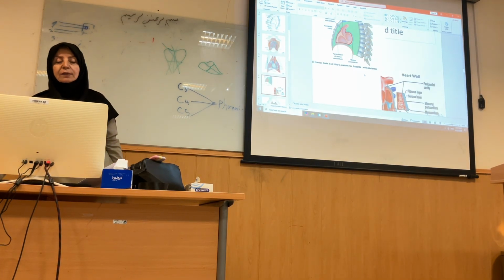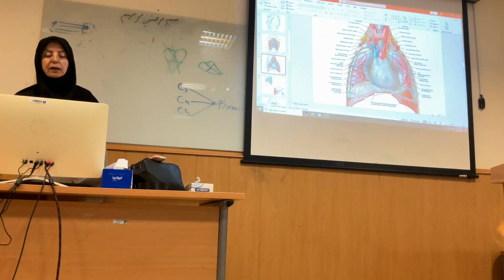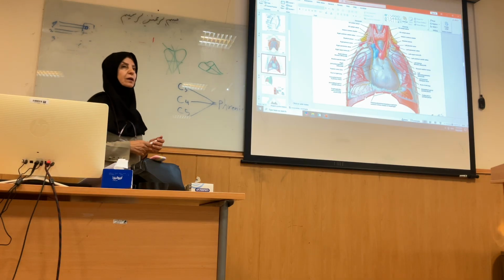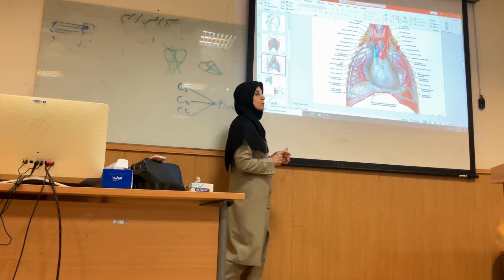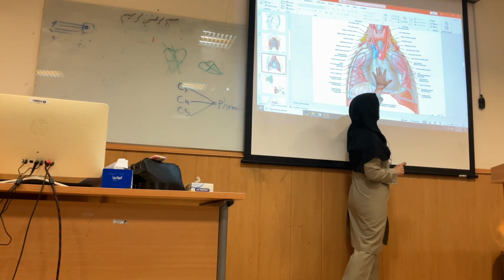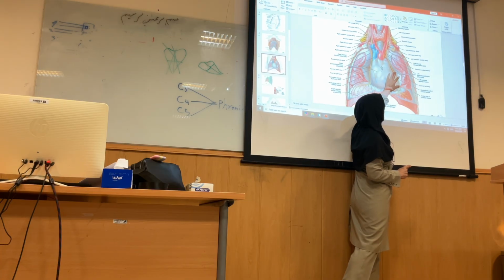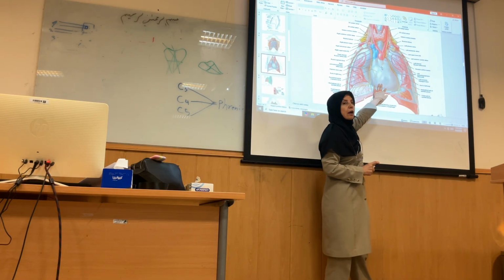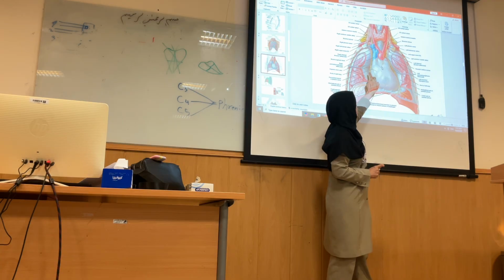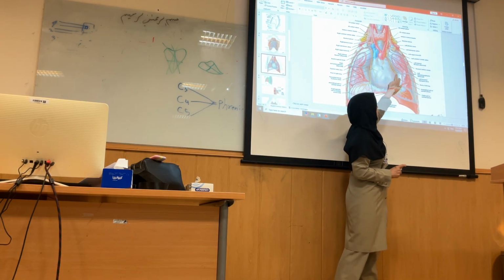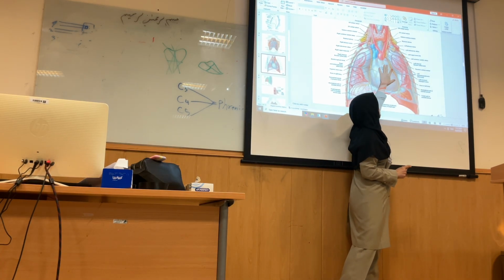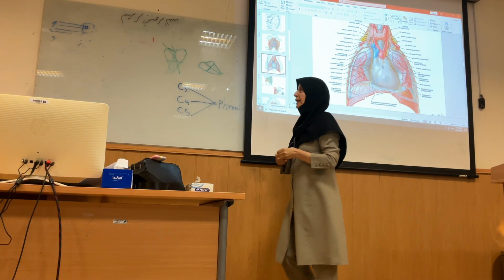Now, look at the pericardium. The outer layer of the pericardium we call the fibrous pericardium. What's the name of the outer layer of the pericardium? Fibrous pericardium. The phrenic nerve, right side and left side, is responsible to innervate the fibrous pericardium.